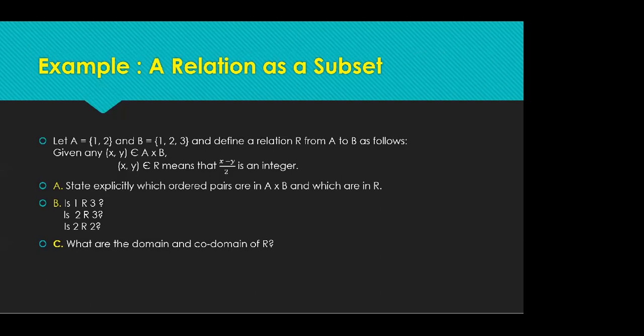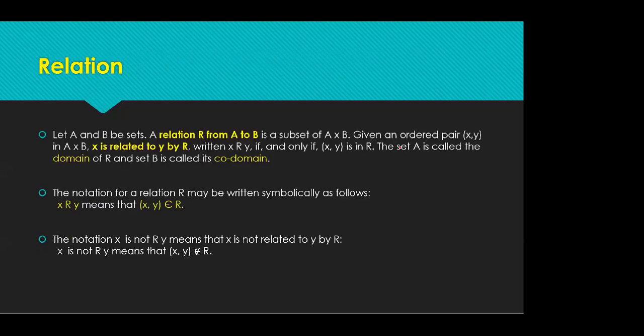Yes, that's right. Because in our definition, set A is called the domain and set B is called its codomain. It's not always the case, guys. Here, set A is the first set in this Cartesian product, set A and set B. So our domain here is this set.